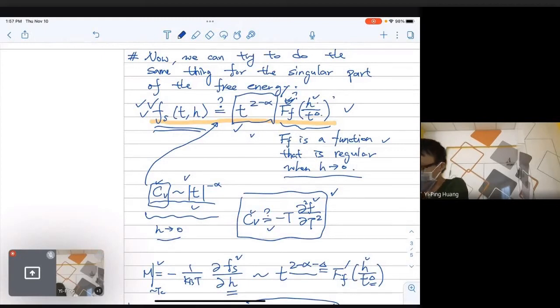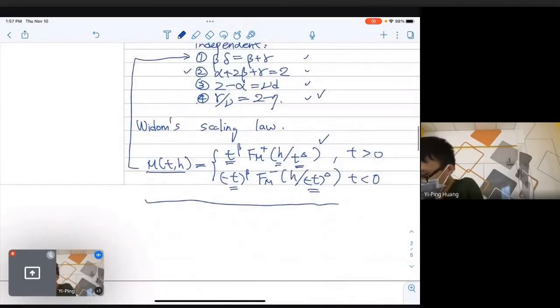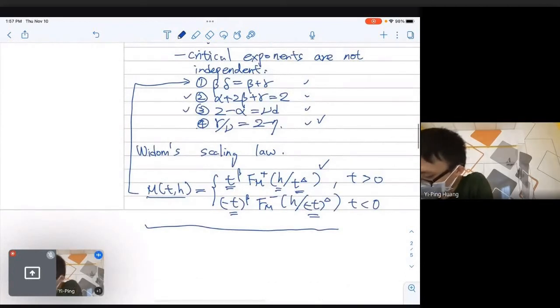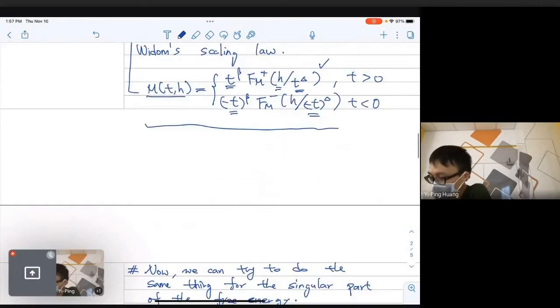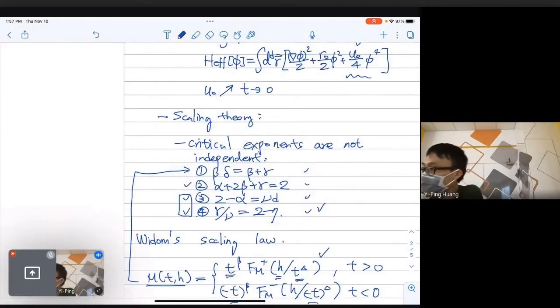Okay, if not, I'm going to leave the last two relations as an exercise for you, to think about how to relate these things. This derivation is basically covered in Nigel Goldenfeld's textbook, so you can try to read that.